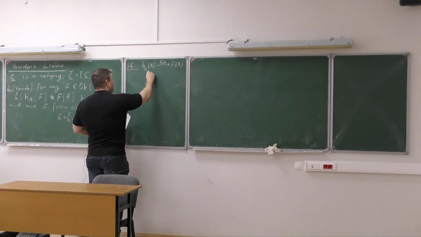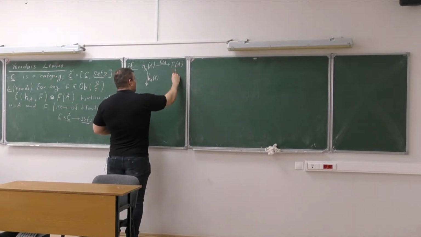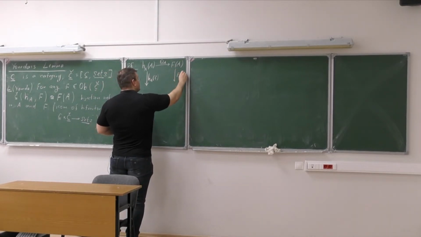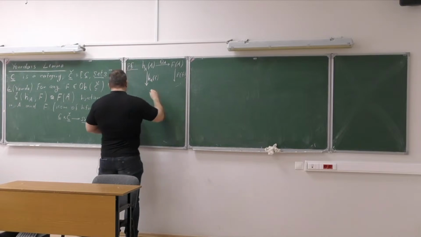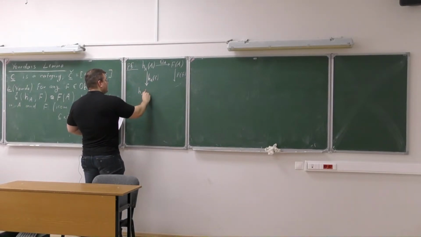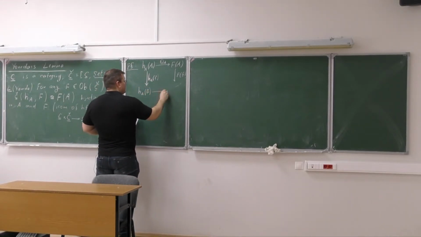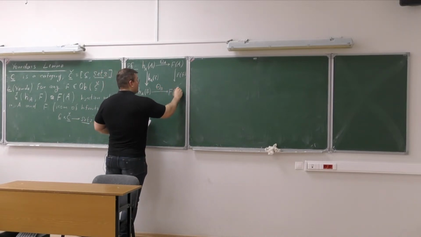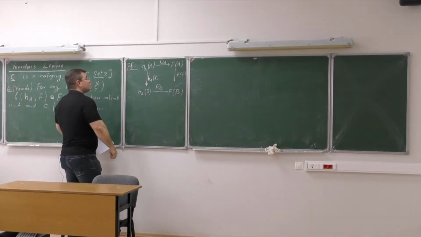Now here I apply the first functor to some map f. Here I apply the second functor to the same map f. And then I'll get h sub A of B. This is component theta sub B, and this is F of B.